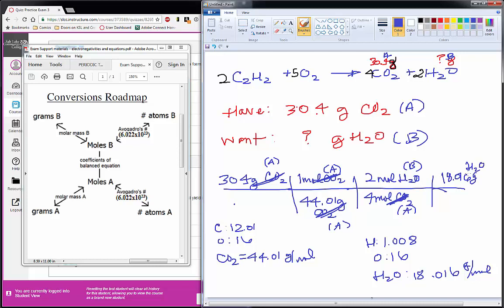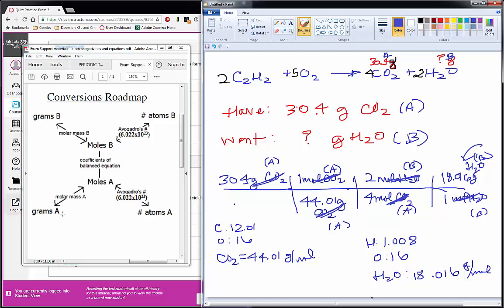Grams of H2O for every 1 mole of H2O. So my moles will cancel. And I'll be left with grams of H2O, which I said was B. So I'm left with grams of B, and they wanted grams of B, so this is where I stop.